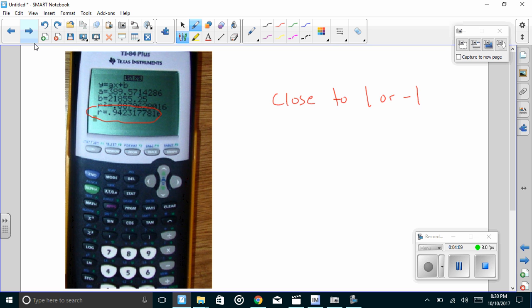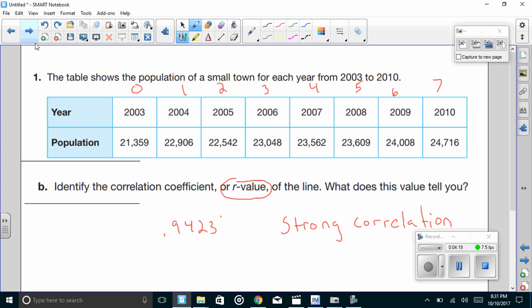Okay. Now, the closer it is to 1 or -1, the stronger the correlation. And with this being 0.9, that's pretty close to 1. So it's going to be a strong correlation. What that means is when we estimate values down the road based on the information given, we'll get a pretty accurate estimate.